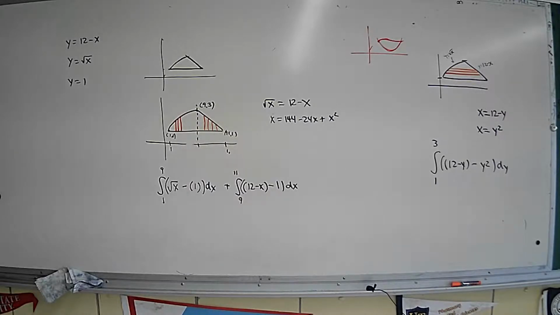Let me look at this here. So 21: x equals 2y, and x equals y cubed minus y. Okay, the goal I see in this picture is that you're going to have to do this as two separate intervals.